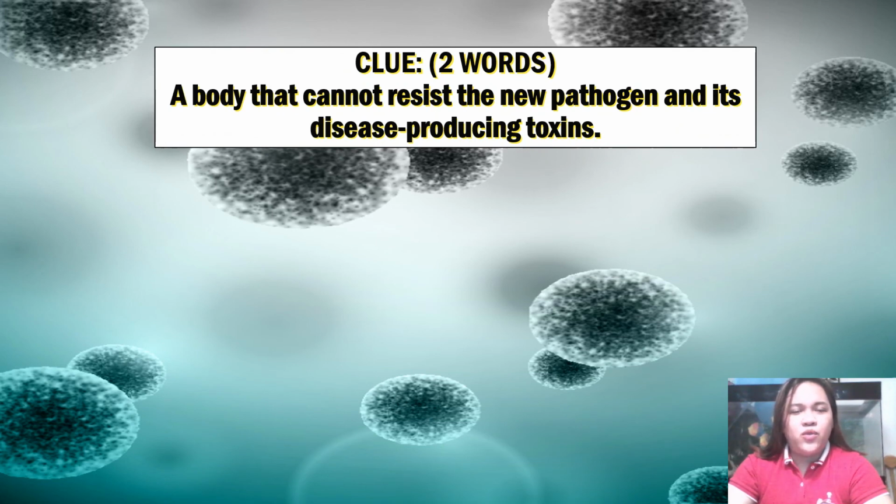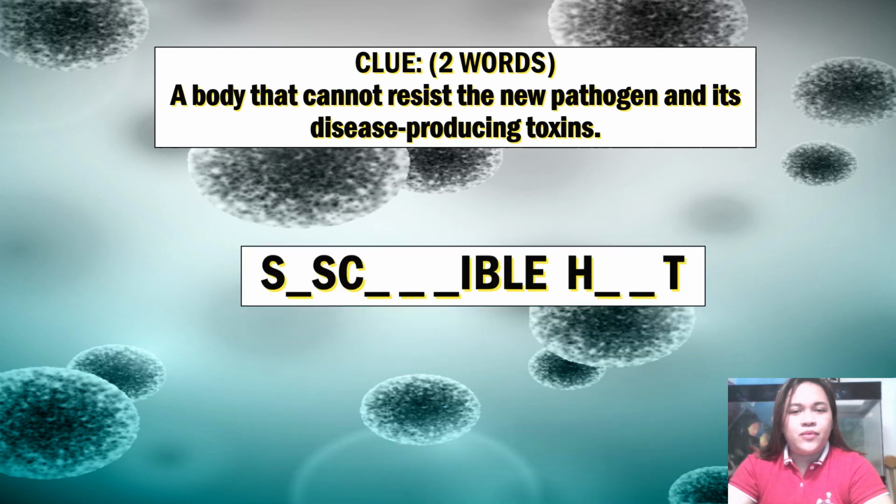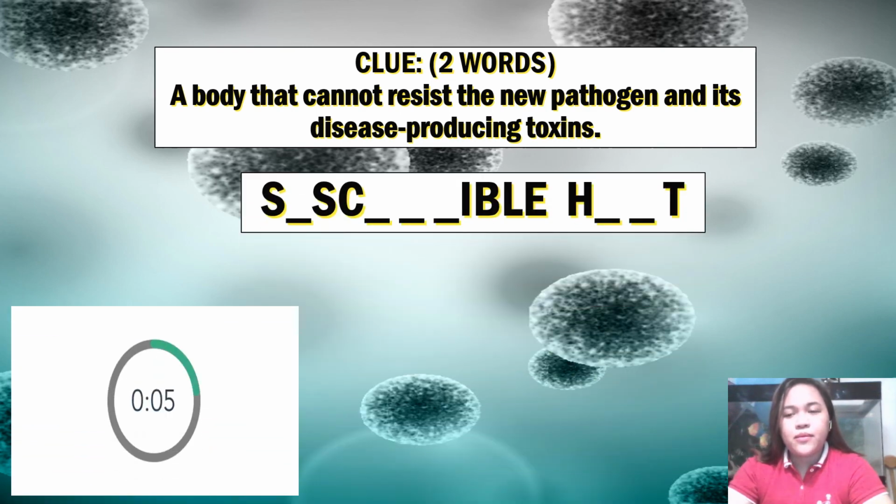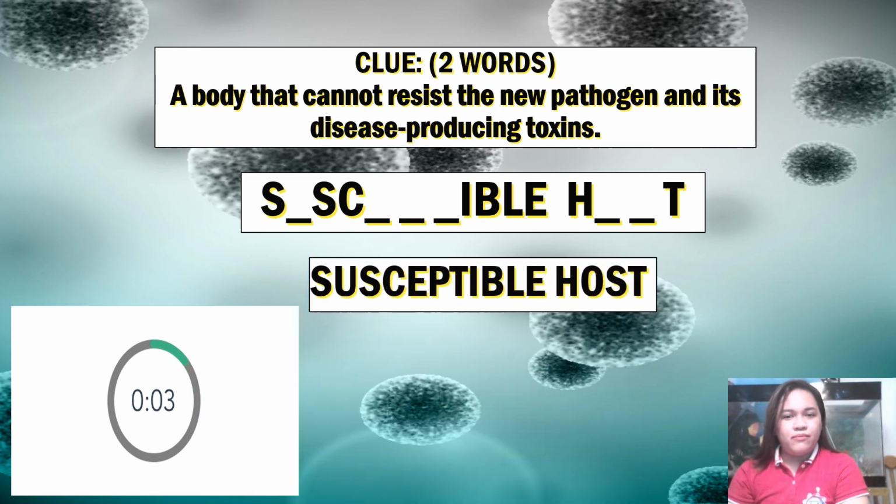You have 2 words to identify. This is a body that cannot resist the new pathogen and its disease-producing toxins. You have 2 words in 5 seconds. Okay, time is up. Okay, the word is susceptible host.